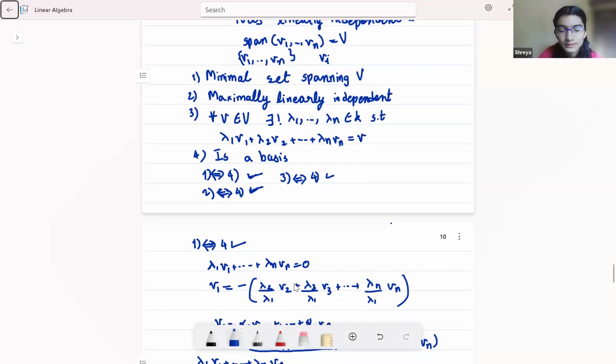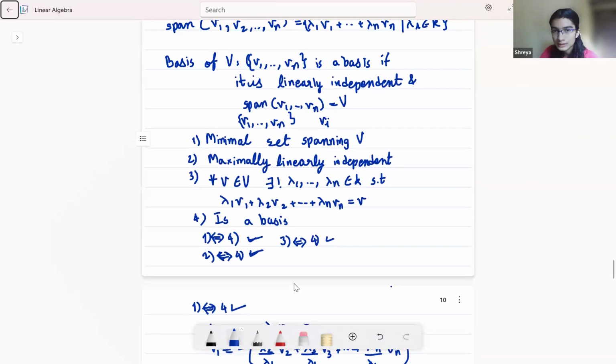So for 4 implies 2, now we have to do this. If it's a basis, then we need to prove it's maximally linearly independent. The linearly independent part is given to us. Then we want to show that we cannot add another element without making it linearly dependent.